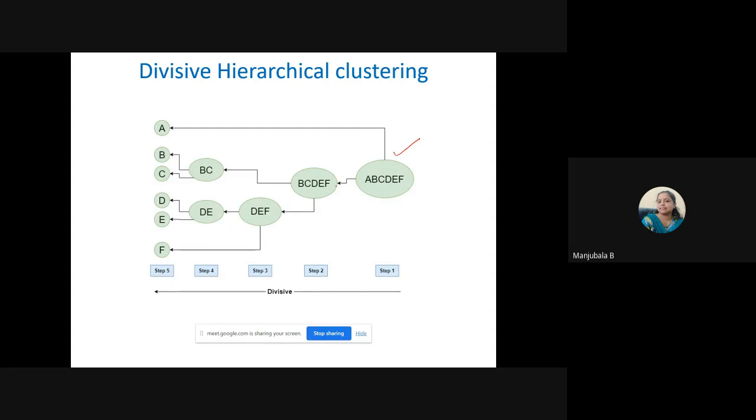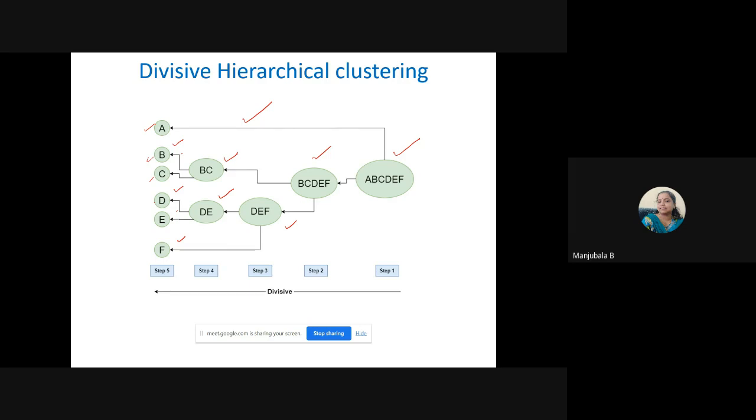Suppose you divide into two parts, A and B, C, D, E, F. In the next step, B, C, D, E, F is divided into two parts. Next, D, E, F is divided into D, E and F. Next, B, C is divided into B and C. D, E is divided into D and E. Now all the data points form singleton clusters. So it is just the opposite of agglomerative clustering.